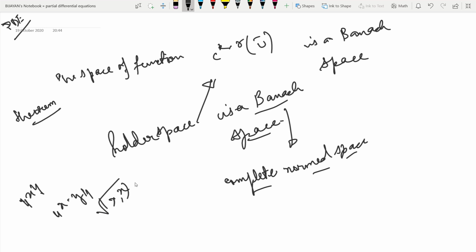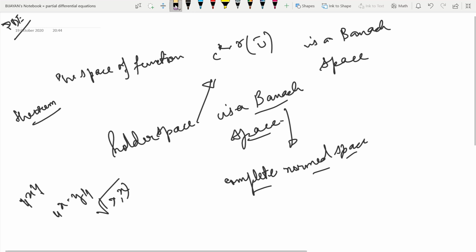For example, this is one of the norms. Many norms can exist. So basically, this is the conversion of an inner product space into a normed space.